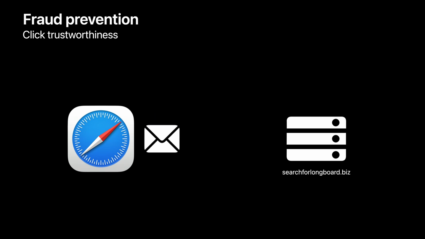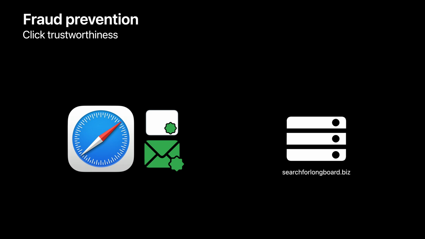Think of it like putting the message in an envelope. The browser will then send the hidden message to search-for-longboard.biz. They sign the hidden message using an RSA blind signature scheme and send it back. You can think of this like carbon copy paper. The signature on the envelope will also apply to the message.